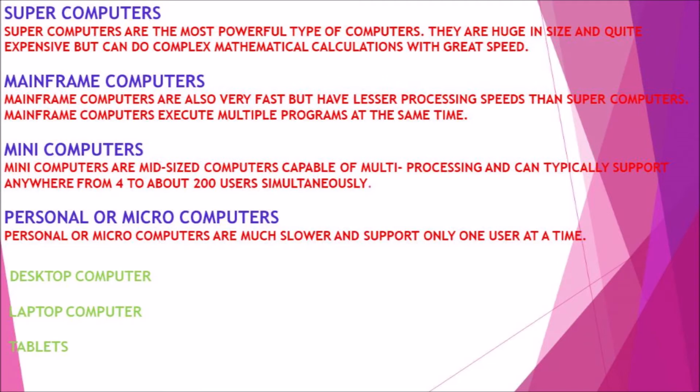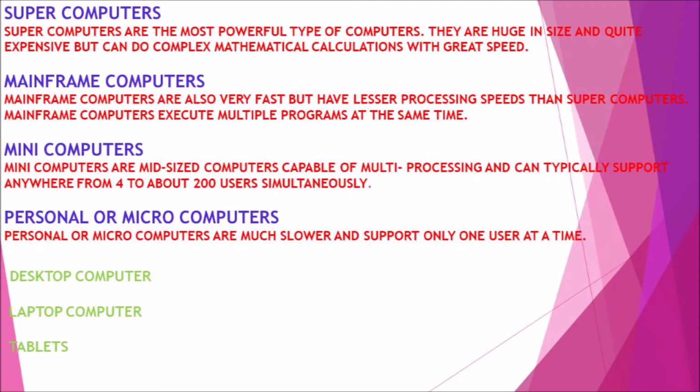And the next one is mainframe computers. On the classification, the next level is mainframe computers. Mainframe computers are also very fast but have a lesser processing speed when compared to the supercomputer. Mainframe computers also execute multiple programs at the same time.